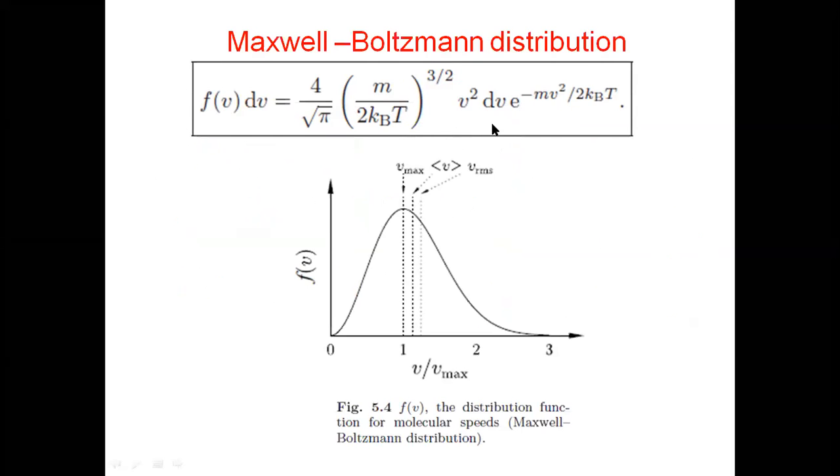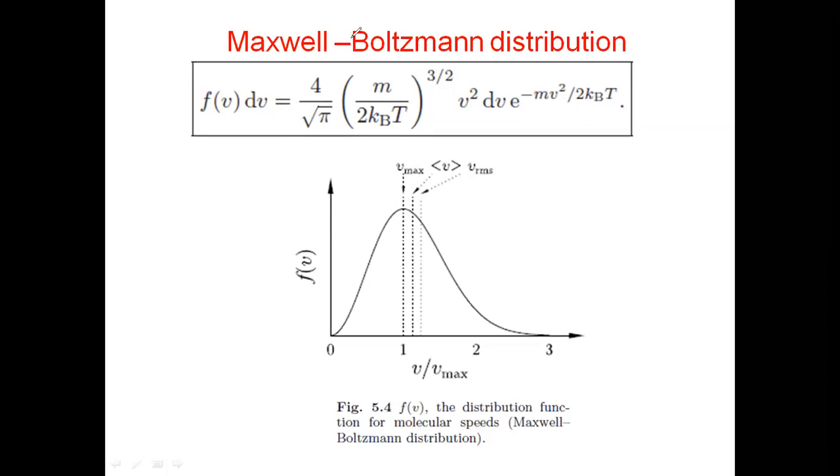In this case, we can make alpha equal to m over 2 k_B T.